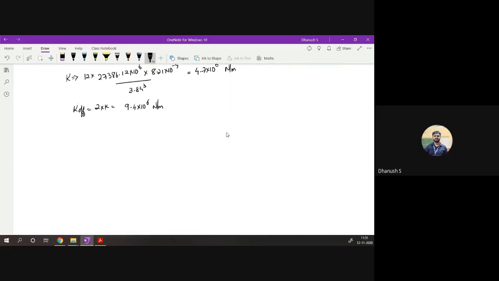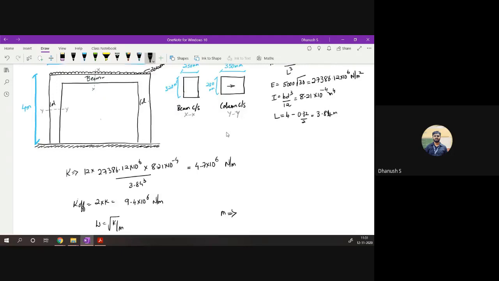Next, omega is equal to square root of K by M. Now what is mass equal to? First there is 30 kilonewton, 30 into 10 power 3 into the length, 6 meters. Plus the weight due to your beam.